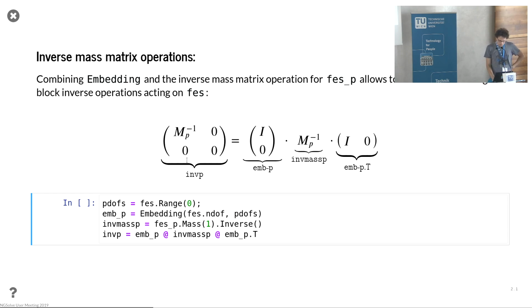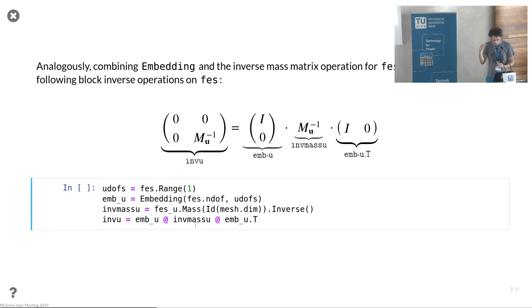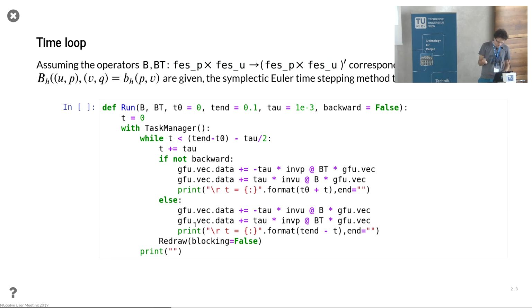We want to have this inverse operation just in the first block, and we obtain this by using the inverse operation on the pressure space, and then combining this with the corresponding embeddings from the pressure space to the product space. The same accordingly for the velocity, so nothing fancy here. And then we define the time loop, where this time loop is now depending on the operators B and B transpose.